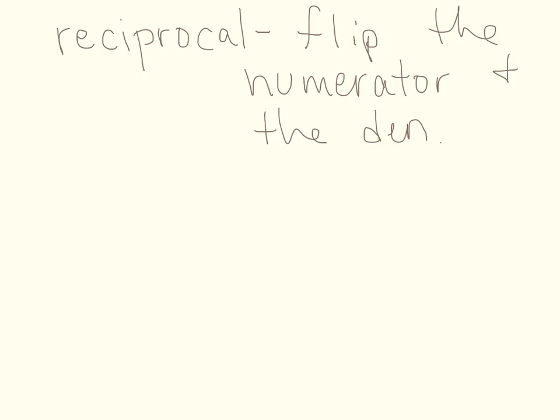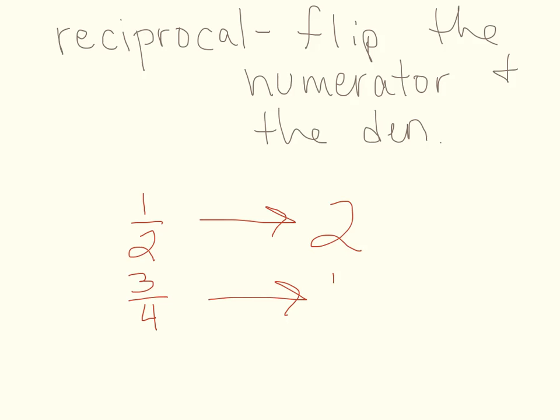Now, that is not the technical definition, but at this point, I want us to understand exactly what we do. So if I want the reciprocal of 1/2, I would get 2 wholes. The reciprocal of 3/4 would be 4/3.